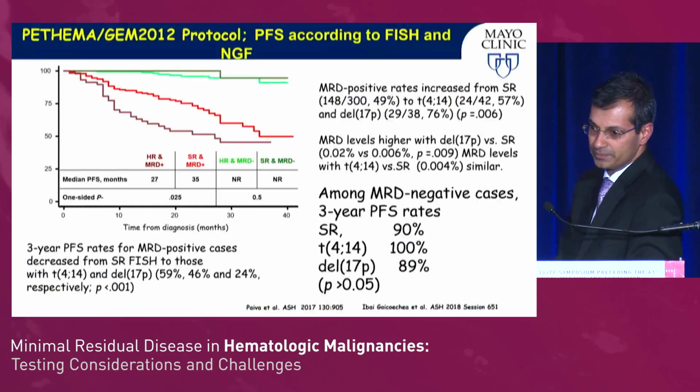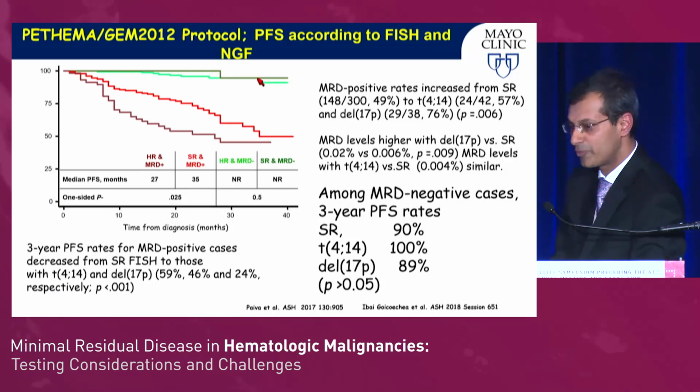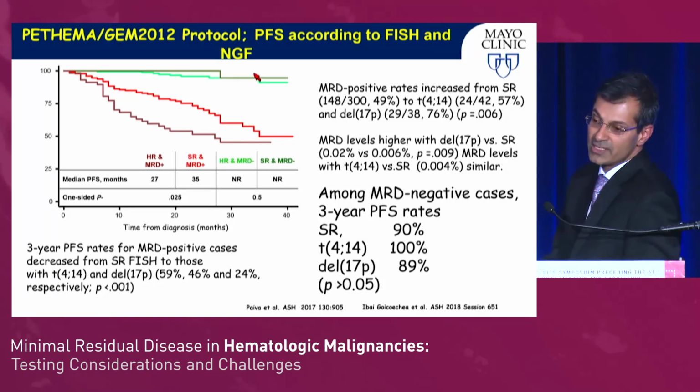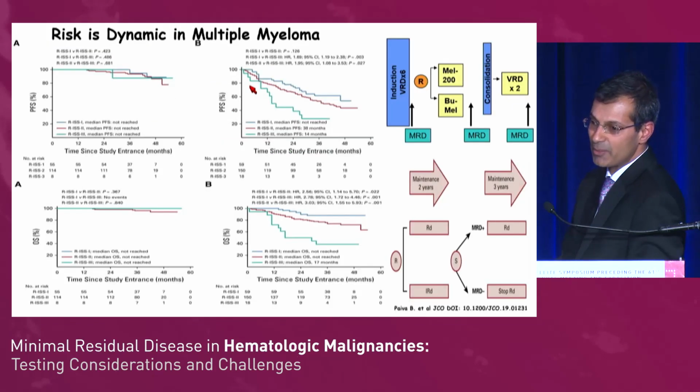The PETHEMA GEM2012 protocol in multiple myeloma actually went a step further. It showed that patients with high-risk features who had achieved an MRD negative state did much better than patients in an MRD positive state, but in fact, their outcome was quite similar to the outcome of patients that had standard risk features at the time of diagnosis.